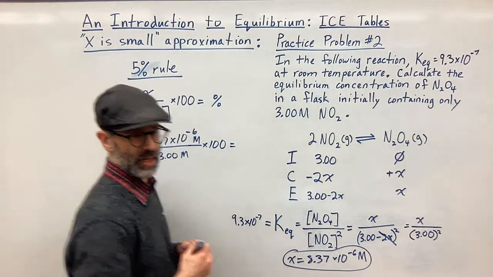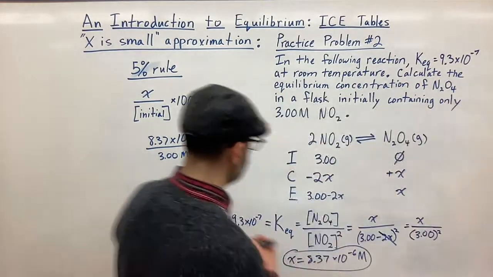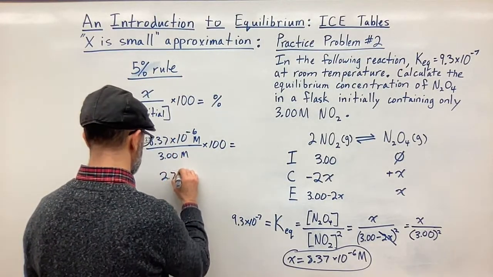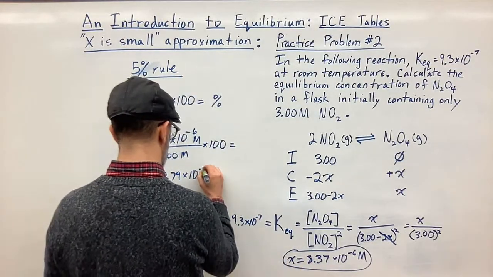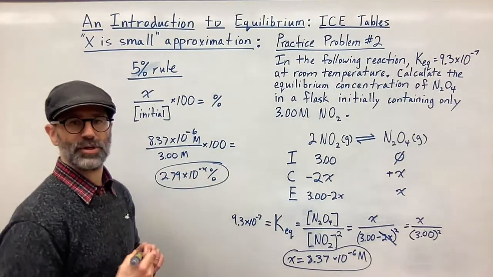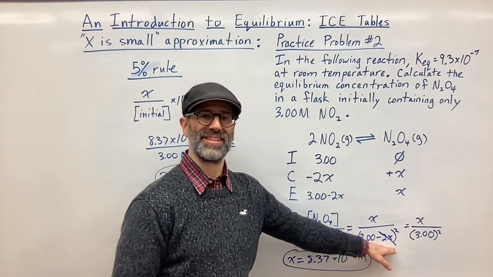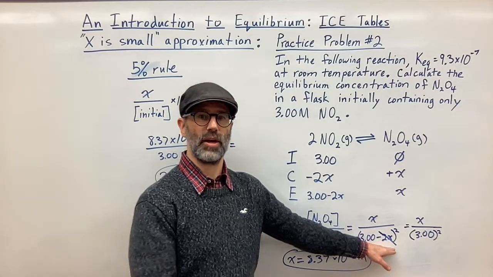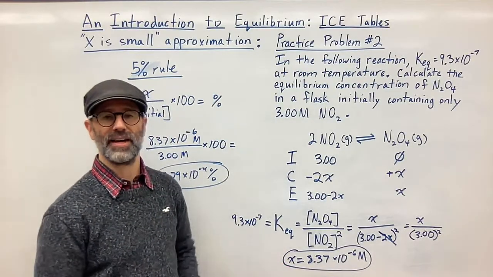The percentage we get is 2.79 times 10 to the negative 4 percent. So that is well below the 5%. That indicates that my assumption that x is so small it's negligible, that we can ignore it, is valid. So I verified that that is correct.